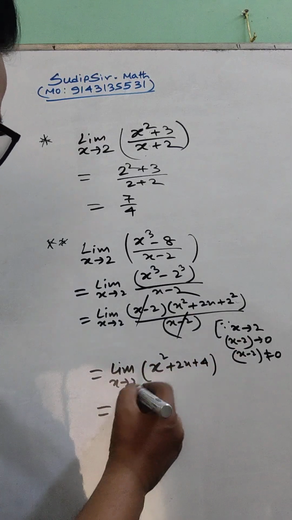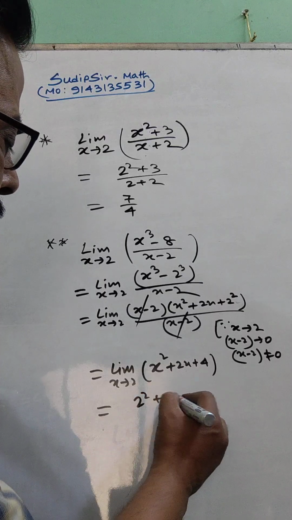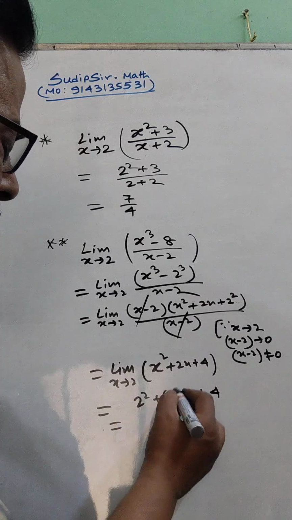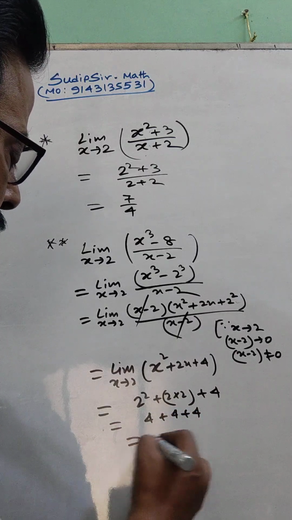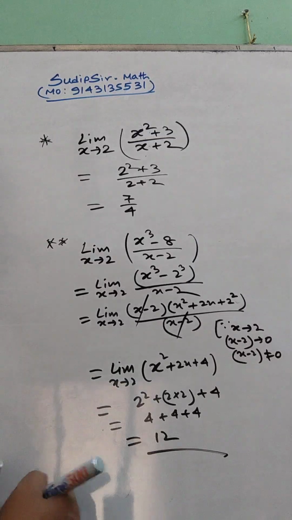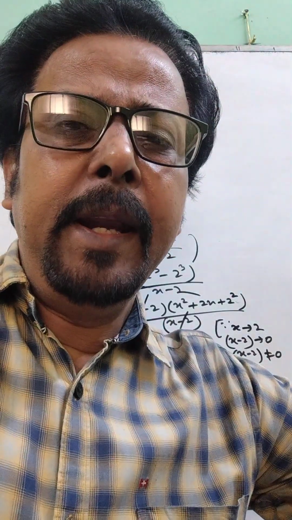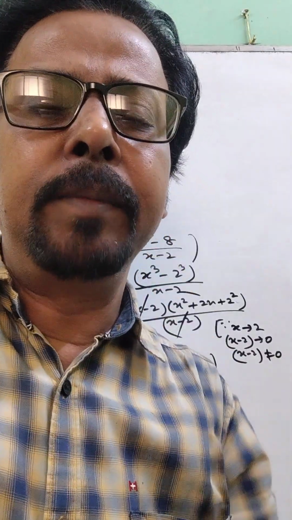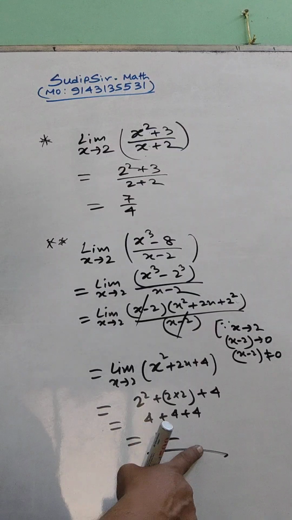Now put the value, that is 2 square plus 2 into 2 plus 4, which is 4 plus 4 plus 4. So this is 12. The limiting value is 12: when x approaches 2, the value of the function approaches 12.